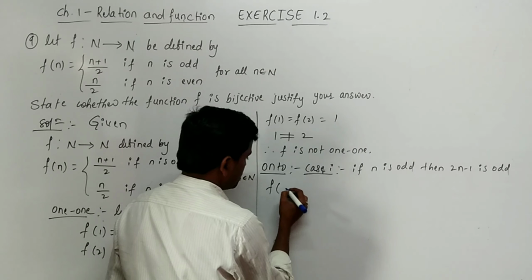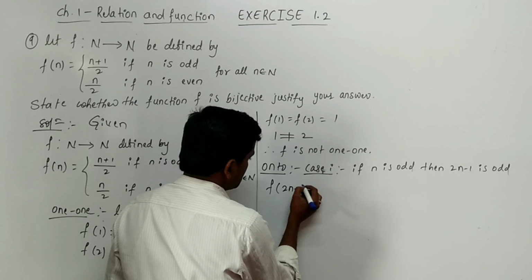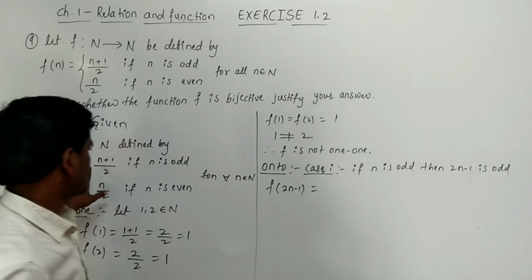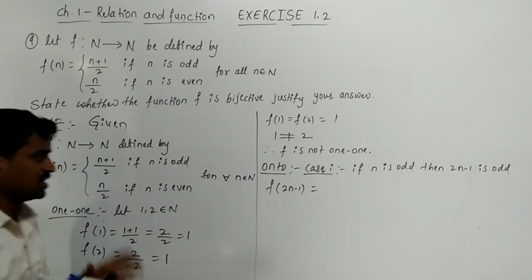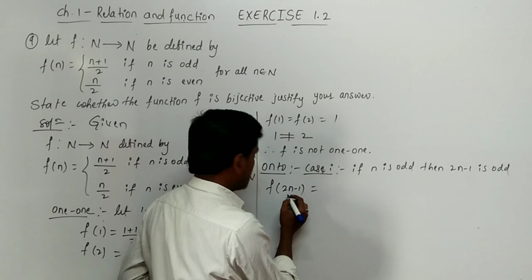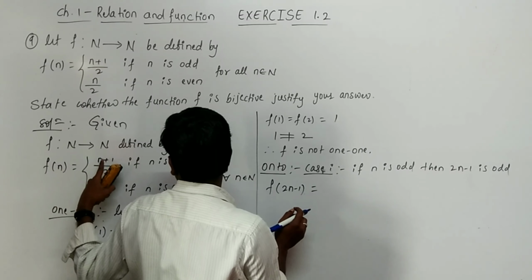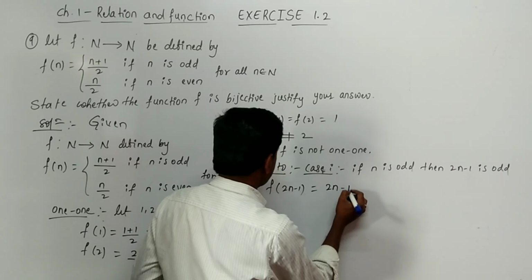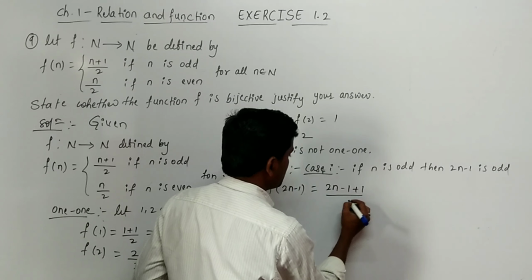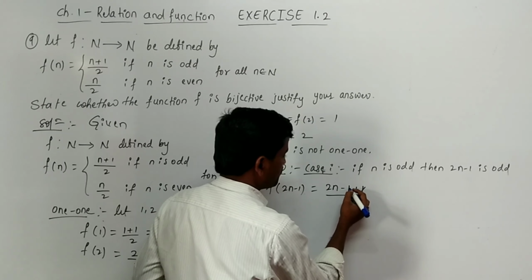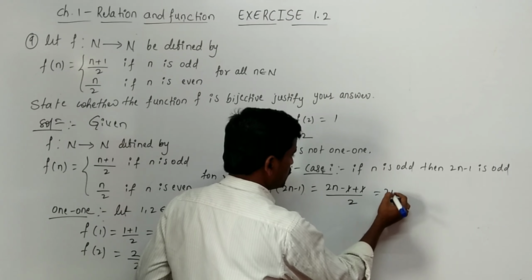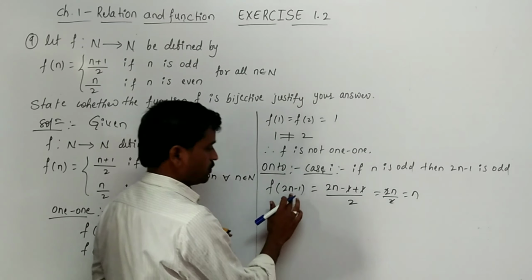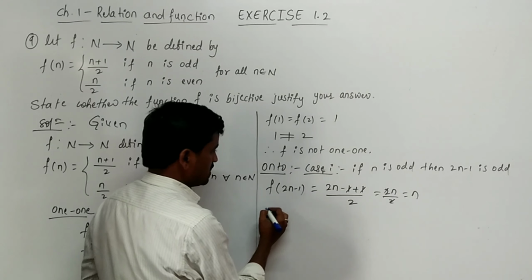Therefore, for f of 2n minus 1, when n is odd, you take the function (n plus 1) by 2. Here f of n is (n plus 1) by 2, which is (2n minus 1 plus 1) divided by 2, that is 2n by 2, the 2 cancels. F of 2n minus 1 is equal to n.